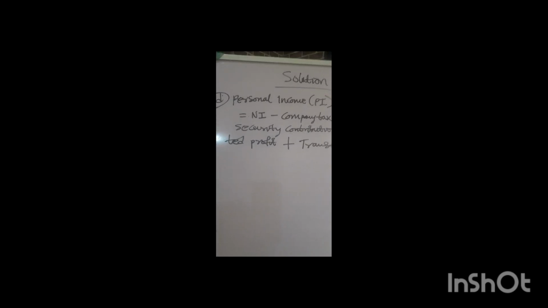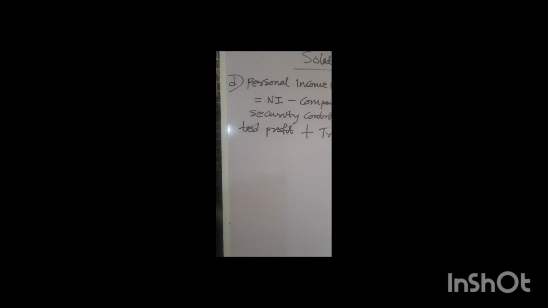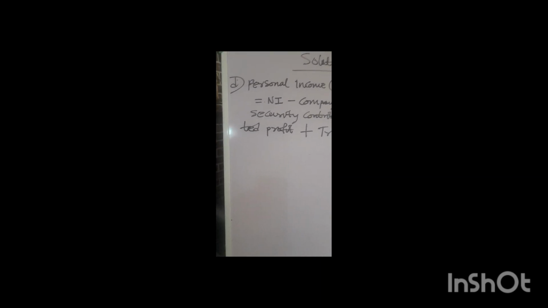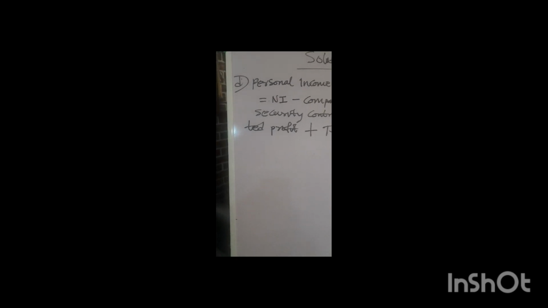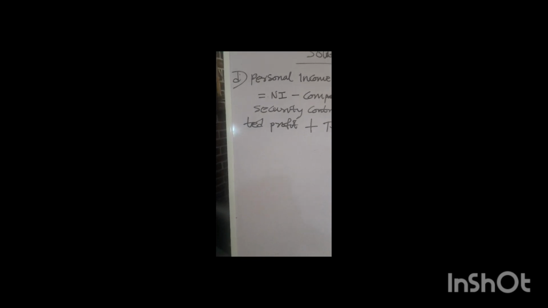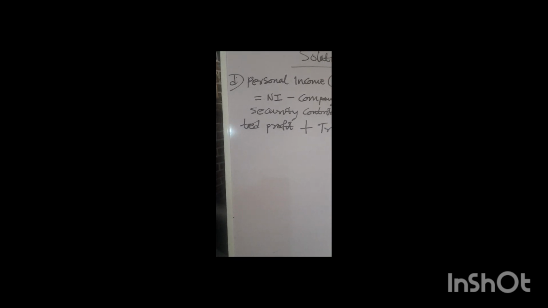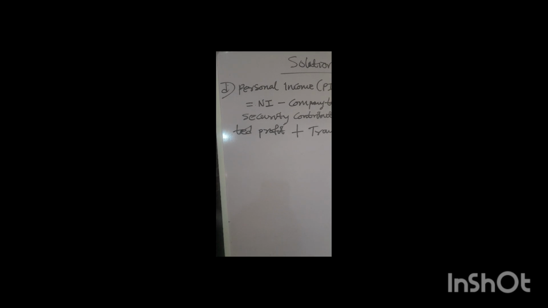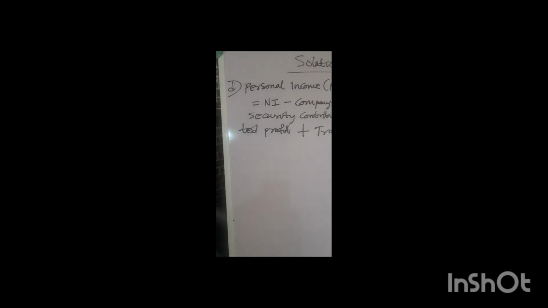So this will give us our personal income: our national income less our company tax, because company tax doesn't add up to individual's income. We less our social insurance contribution or social security contribution, because it doesn't add to our personal income.